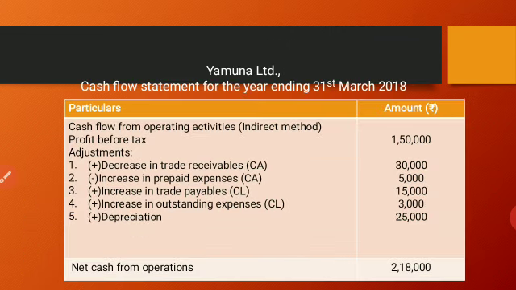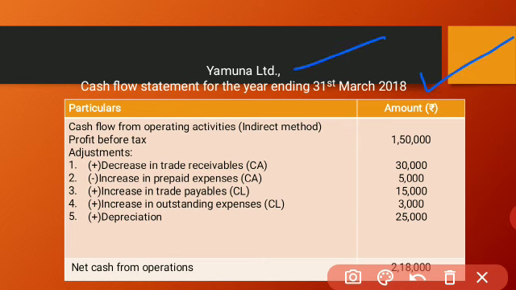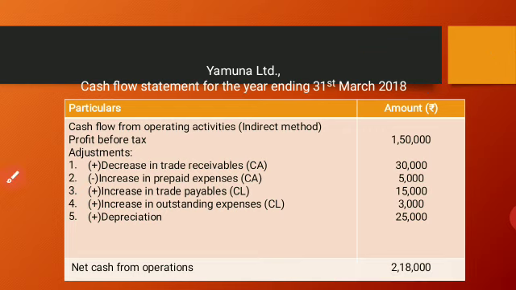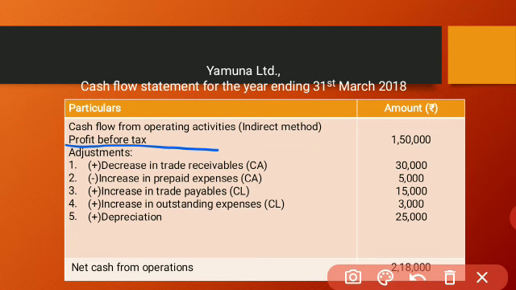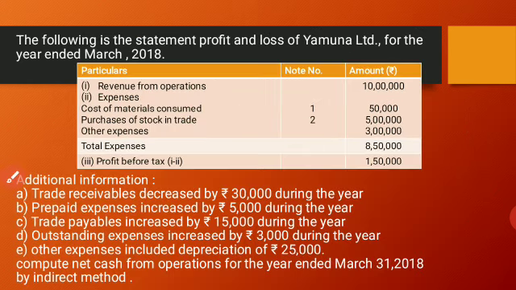So, first I have written the cash flow statement for the year ending 31st March 2018. What is the first information that we require for the sum? We require the profit before tax. I have written 1,50,000. Although they have given a profit and loss statement, we require only the profit of the firm.